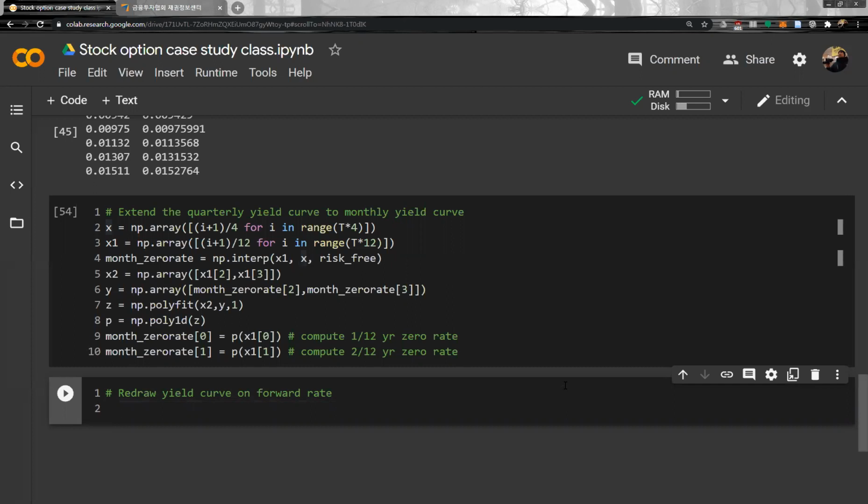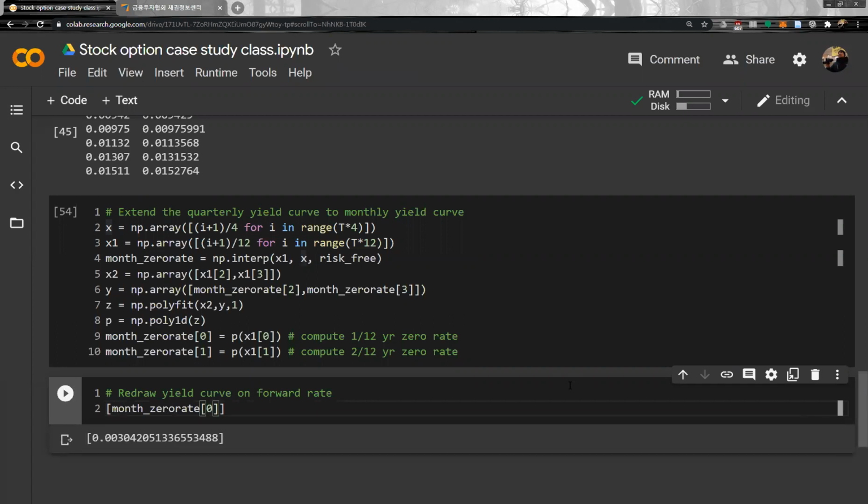And then forward rate is first the month zero rate. Okay, this is the initial one.